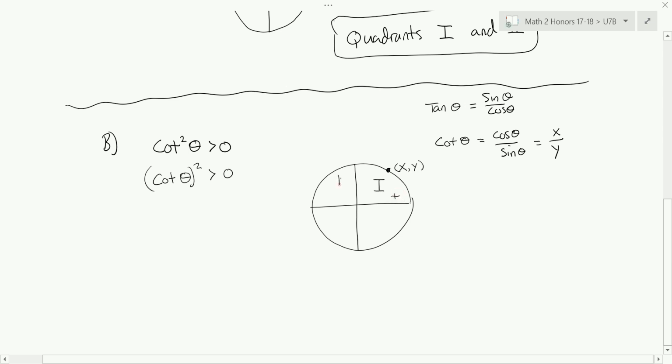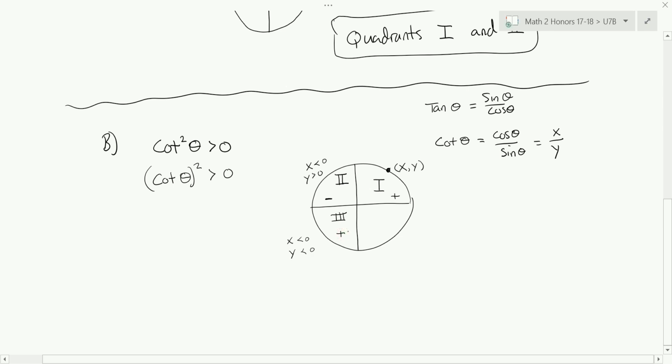How about in quadrant 2? In quadrant 2, x is negative, but y is positive, and if you divide a negative by a positive, you get negative. So cotangent is negative in quadrant 2. How about in quadrant 3? Both x and y are negative in quadrant 3. What's a negative divided by a negative?